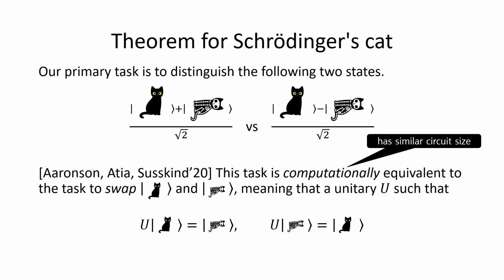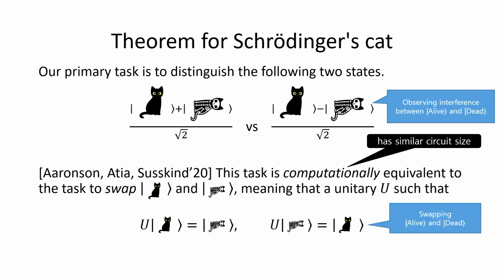They show that this distinguishing task is computationally equivalent to swapping the alive cat and the dead cat. More formally, if we can distinguish these two states, then we can construct a unitary map U which maps the alive cat to the dead cat and the dead cat to the alive cat.